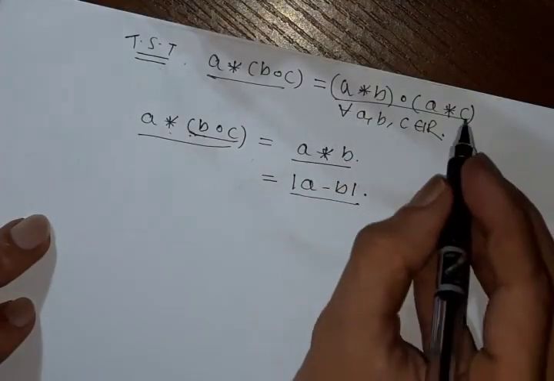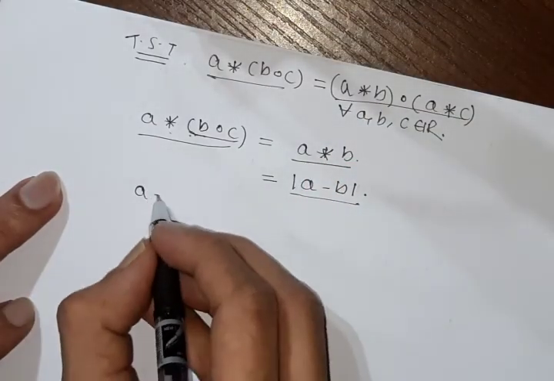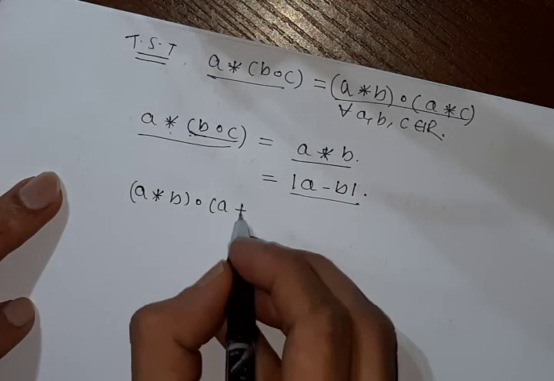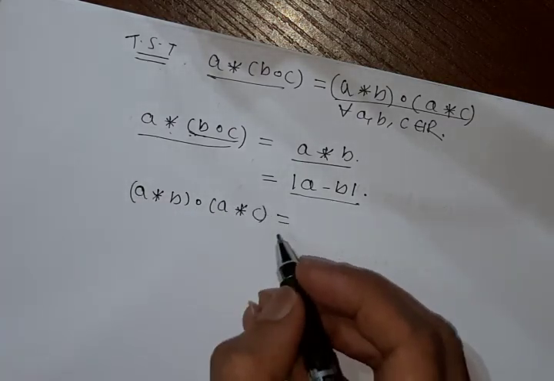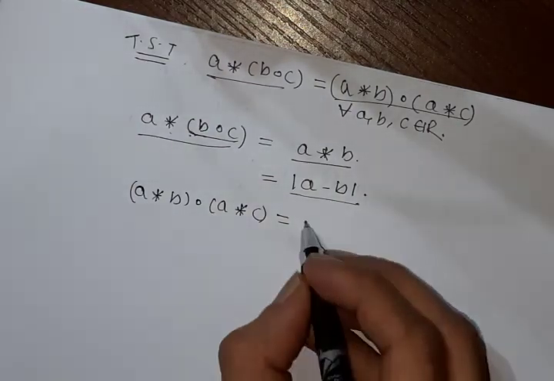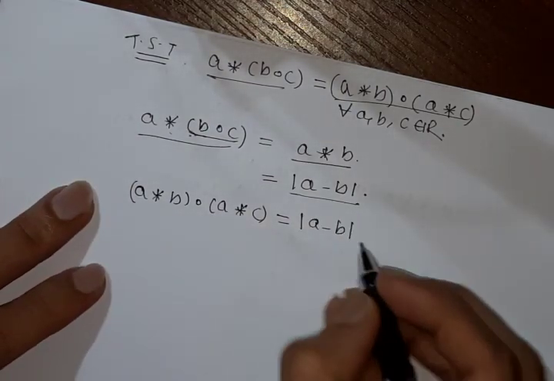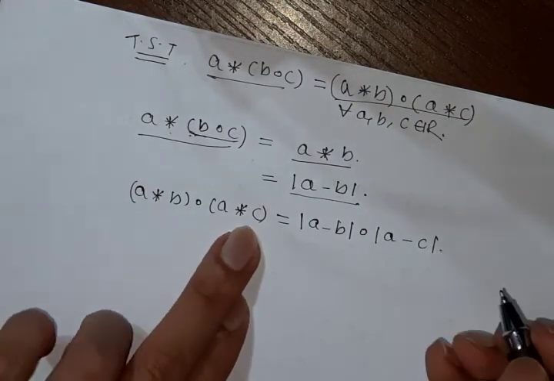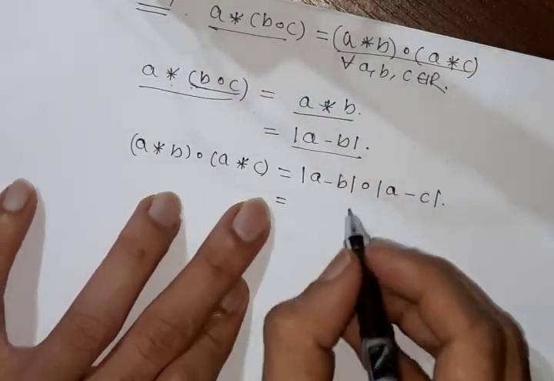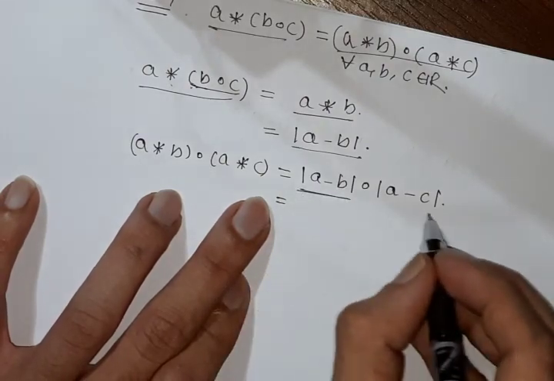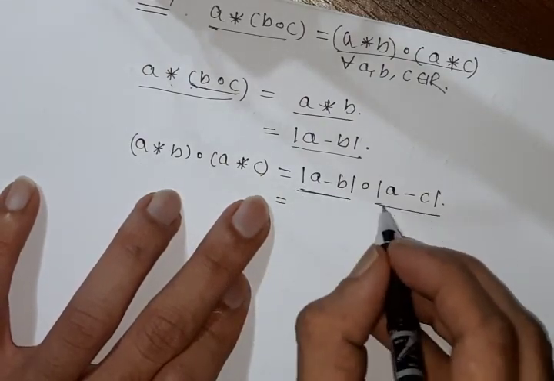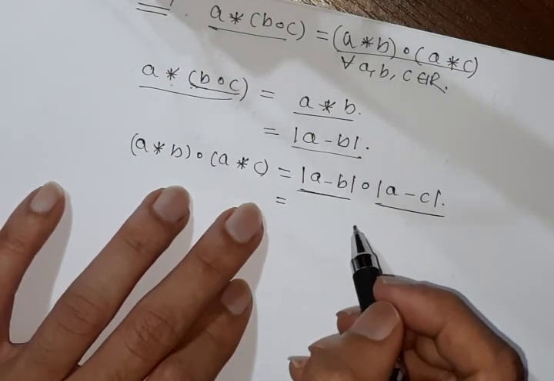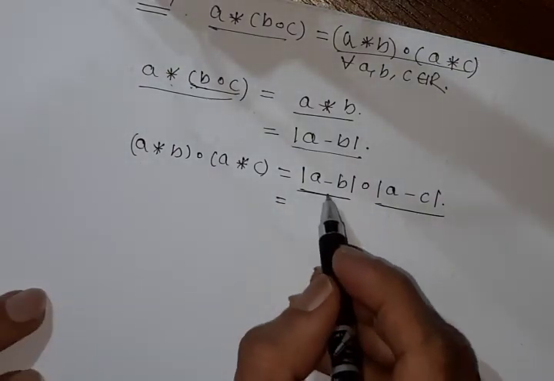Now if you look at the right hand side, what is it? (A star B) O (A star C). A star B is nothing but modulus of A minus B, O, A star C is modulus of A minus C. So which is equal to modulus of A minus B O modulus of A minus C. You know the operation O is nothing but the first element.